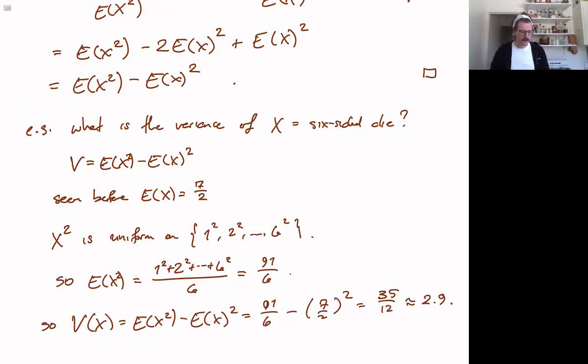So the expected value, on the one hand, which is measuring the center of the distribution, is fairly easy to interpret because it is a number that should lie basically at the center of this distribution in some sense. The variance has a good interpretation in terms of measuring the spread, but it's a little bit harder to give specific interpretations to specific numbers.